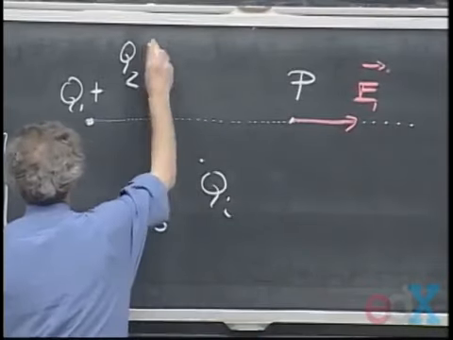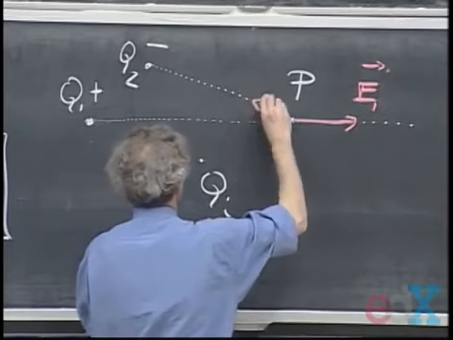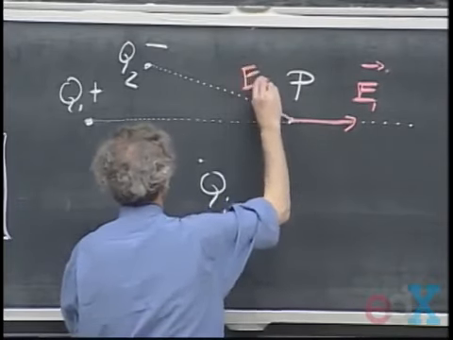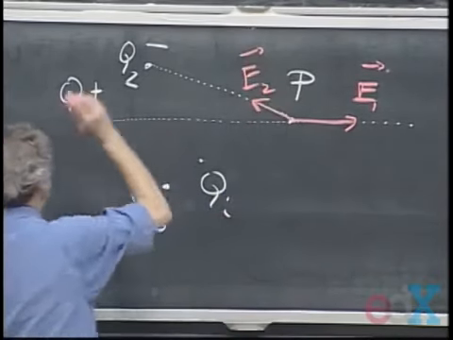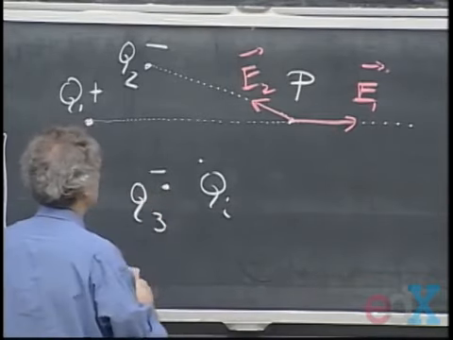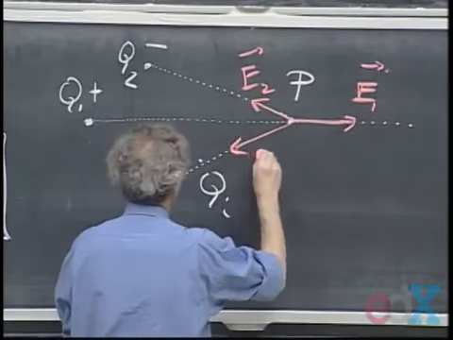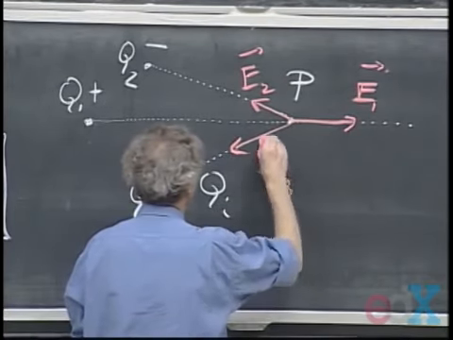If Q2 were negative, this might be a representation for E2, pointing towards the negative charge. And if this one were negative, then I would have here a contribution E3, and so on.